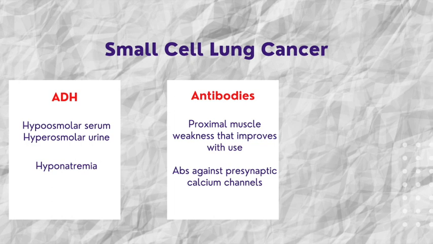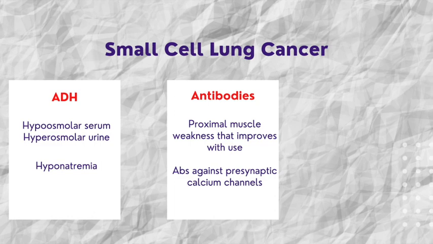This one is extremely high yield because examiners love to confuse the fact that myasthenia gravis is associated with thymomas, while Lambert-Eaton syndrome is associated with small cell lung cancer. So remember, for Lambert-Eaton syndrome, antibodies are against the presynaptic calcium channels, it affects the proximal muscles, and it improves with use. While for myasthenia gravis, it's the opposite. With use, they just get tired and have worse symptoms.